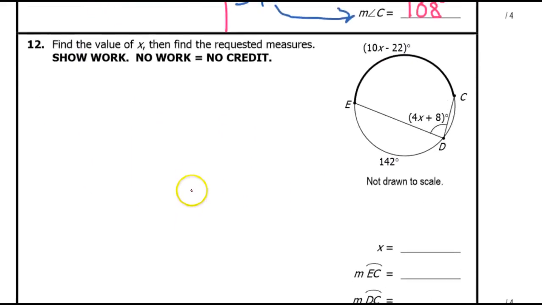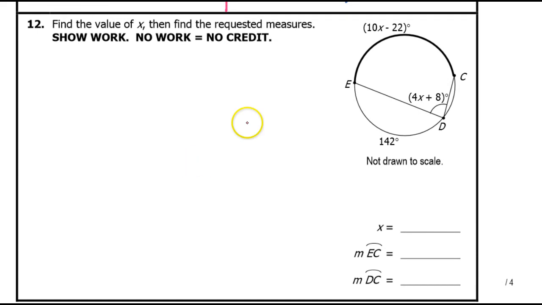Number 12. Find the value of x, then find the requested measures. Well, look at the situation that we're in. We've got an angle that is on the circle. That means that the angle is the arc divided by 2.